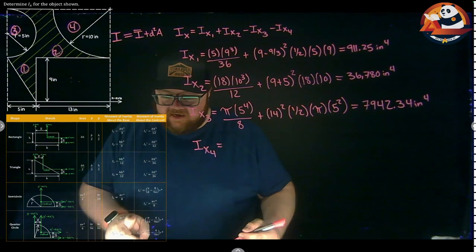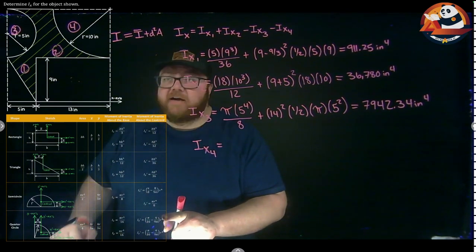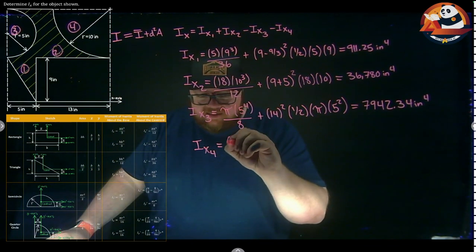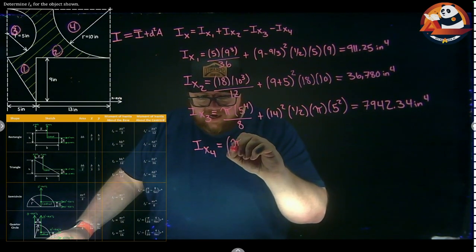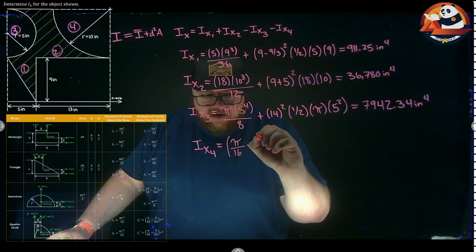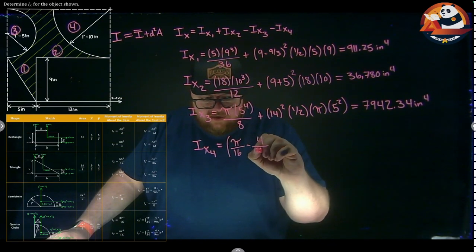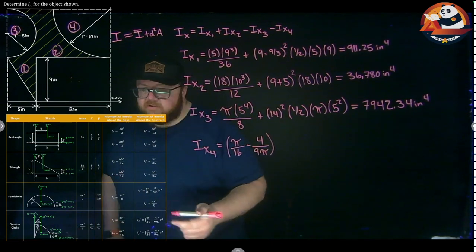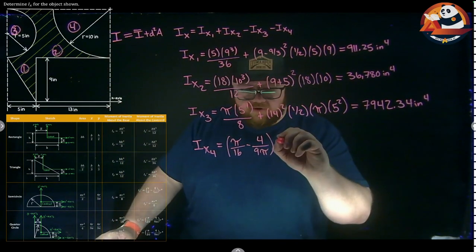It's the same equation either way. So I can just take this Ix prime equation, that's my Ix bar, is going to get me pi 16ths minus 4 over 9 pi times my radius. The radius here was 10 to the fourth.